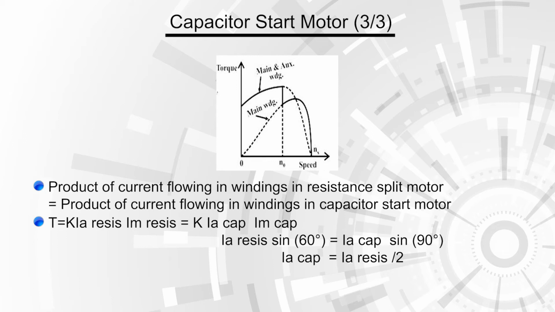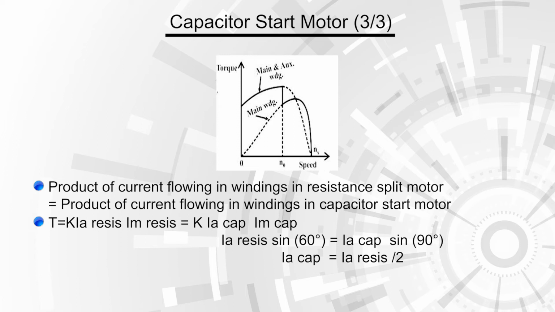In the previous phasor diagram, we showed that theta was 60 degrees. The phase difference between the two currents was around 60 degrees, and in the capacitor start motor we used a capacitance to increase the phase difference to 90 degrees. Just substitute both the values, 60 degrees and 90 degrees, and we find that the starting current flowing in the capacitor start motor is half of the current flowing in the resistive start motor.